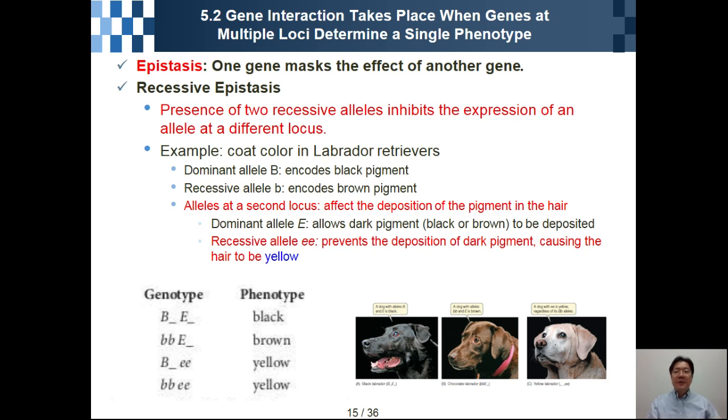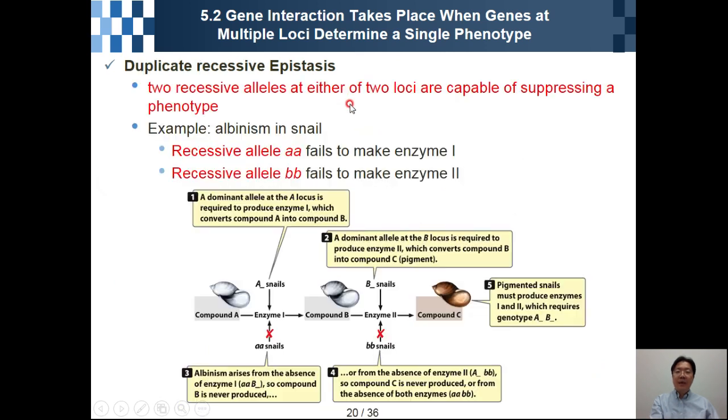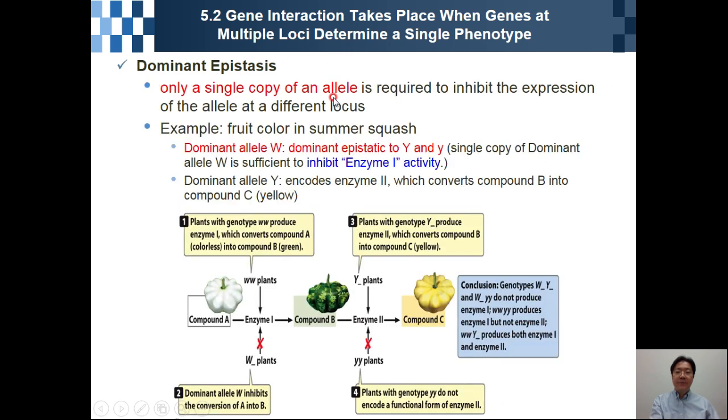There is recessive epistasis, dominant epistasis, duplicate dominant epistasis, and duplicate recessive epistasis. Okay, let's start from recessive epistasis.